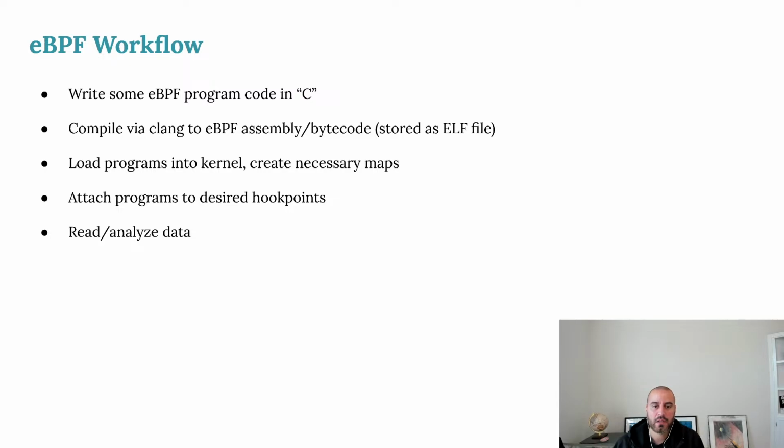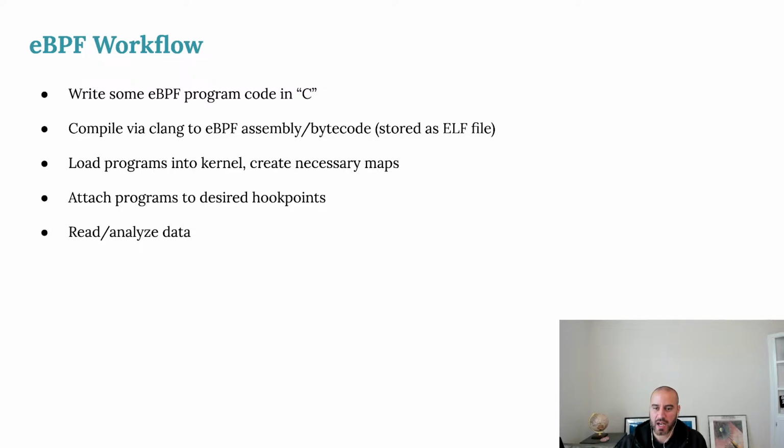Then you'll compile it, probably using Clang. I don't know if there's another compiler that works today for compiling to eBPF assembly, but you write your code in C, you use Clang to compile it to eBPF assembly or bytecode, and that's stored as an ELF file. We briefly looked at that in the last slide. That was the end result: the eBPF program was compiled into an ELF file that contained your eBPF assembly.